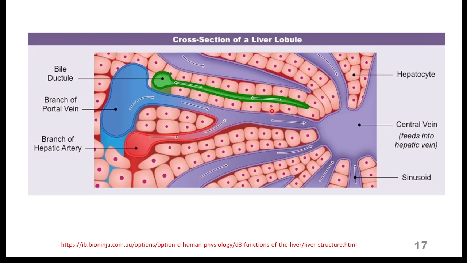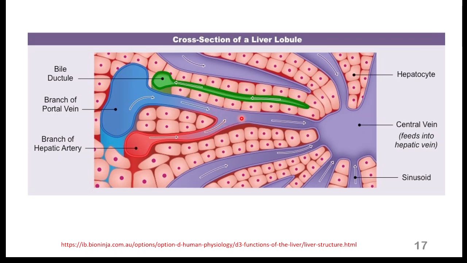Okay, so each of these is one hepatocyte, this is another one, this is another one, right? All right, so the hepatocytes, the liver cells, have two opposing surfaces that are adjacent to the branches of the portal vein, and to a bile duct.